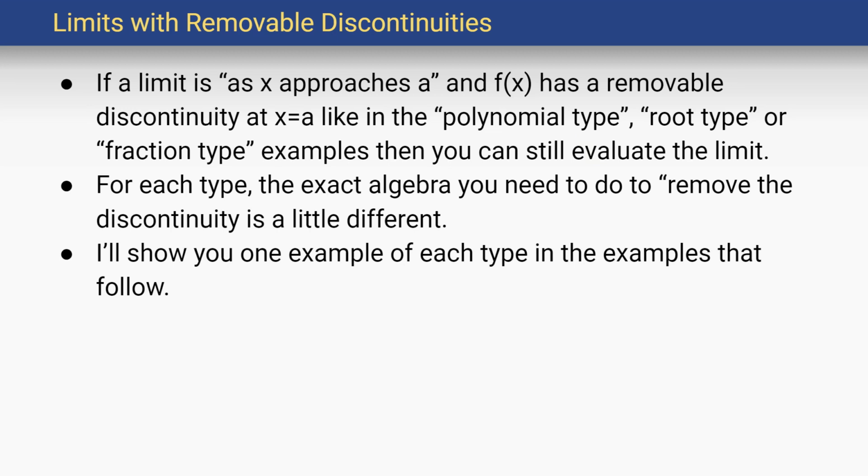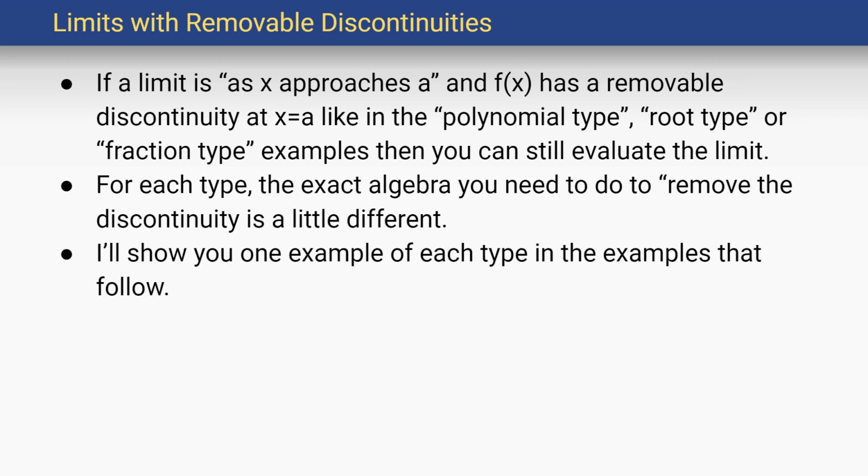So in that case, what you want to do is you want to remove the discontinuity. Now, we already saw how to do that one time with a polynomial type, okay? Remember, the issue is the divide by 0, and what we needed to do in the previous lecture is we needed to somehow cancel out the divide by 0. Make there no divide by 0, right?